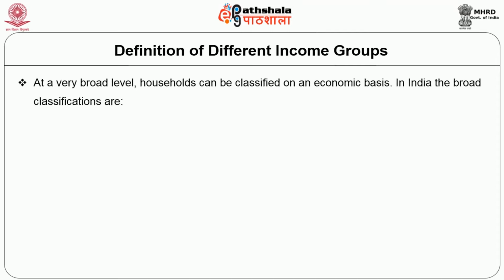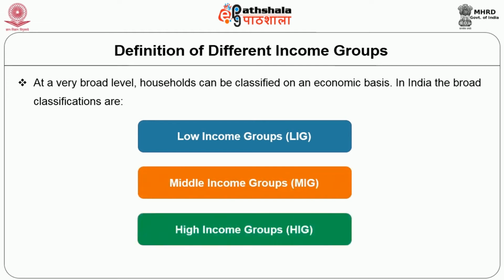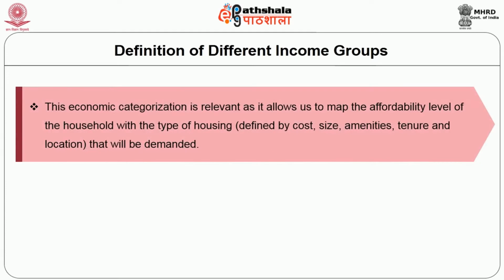Next we'll see the definition of different income groups. At a very broad level, households can be classified on an economic basis. In India, the broad classifications are low income, middle income, and high income group. This economic categorization is relevant as it allows us to map the affordability level of the household with the type of housing.